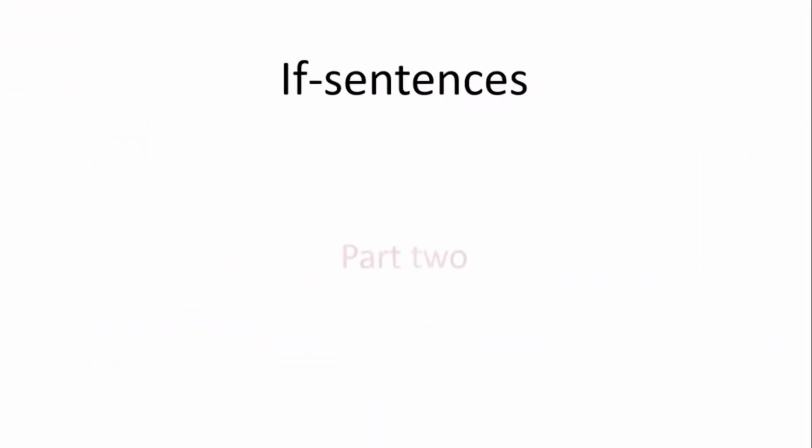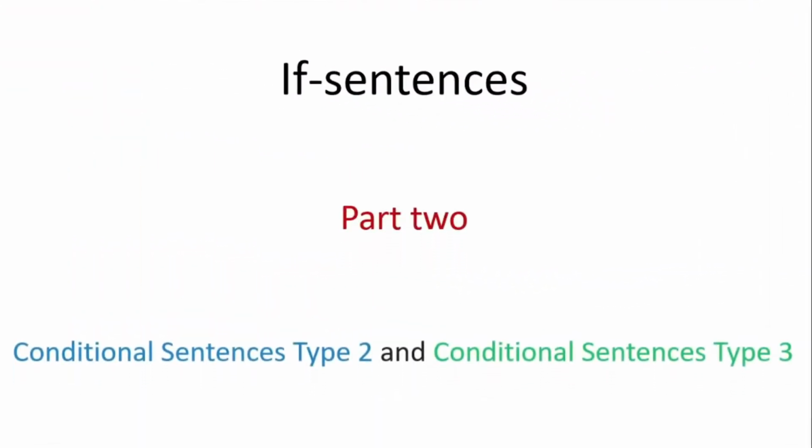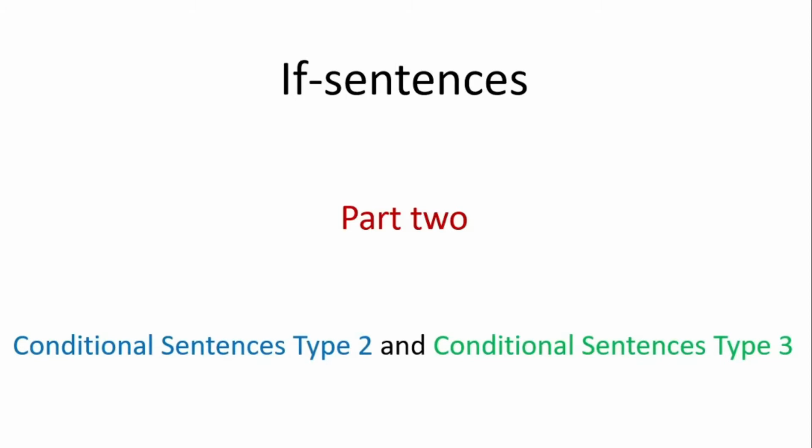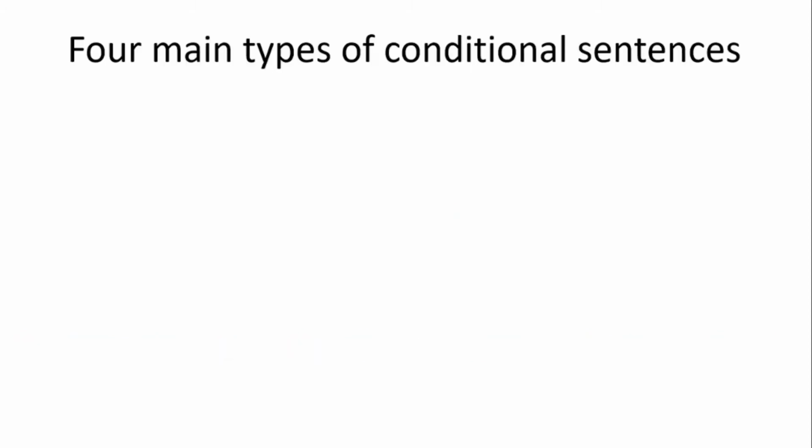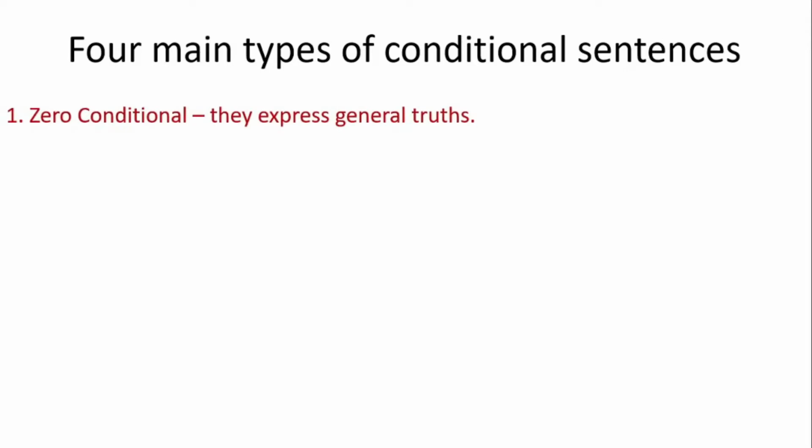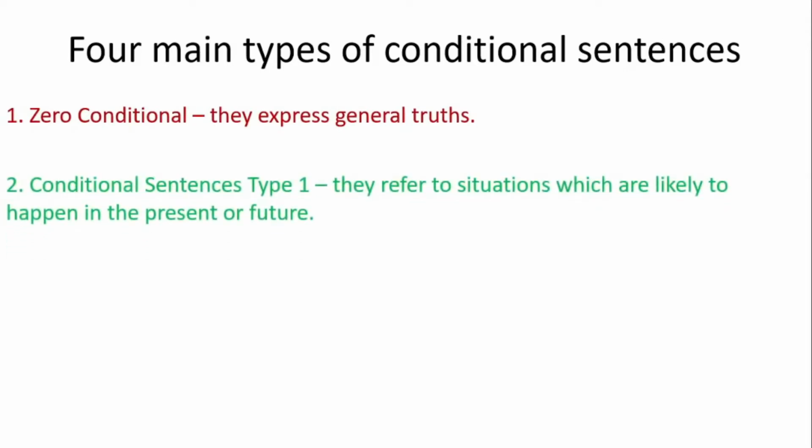If sentences part 2, conditional sentences type 2 and conditional sentences type 3. As we discussed already in the introduction, there are four main types of conditional sentences. Zero conditional. They express general truths. Conditional sentences type 1. They refer to situations which are likely to happen in the present or future.